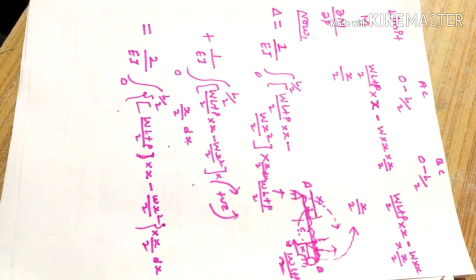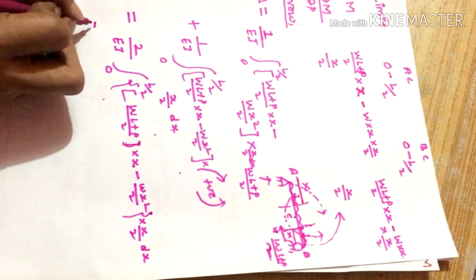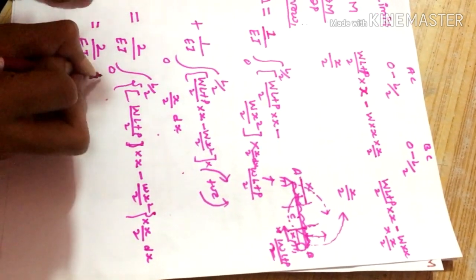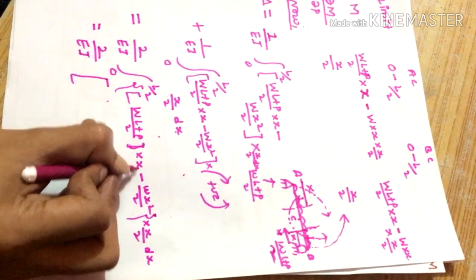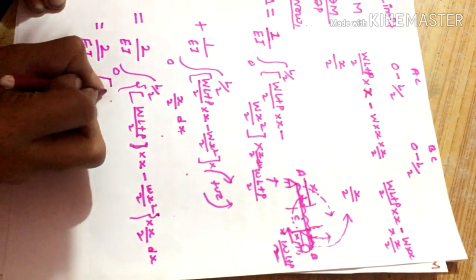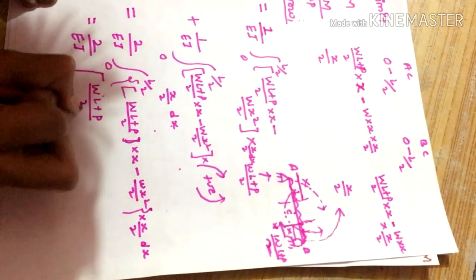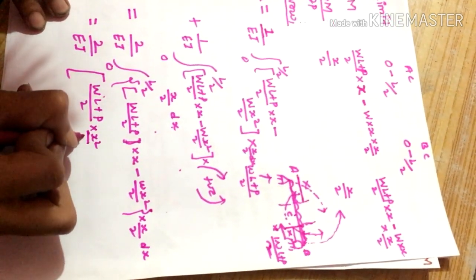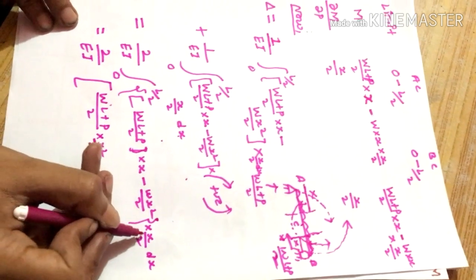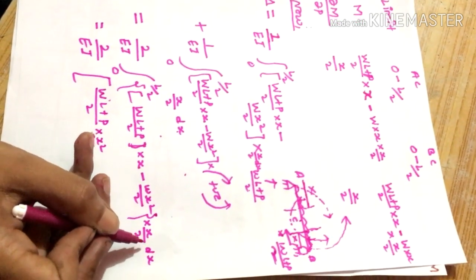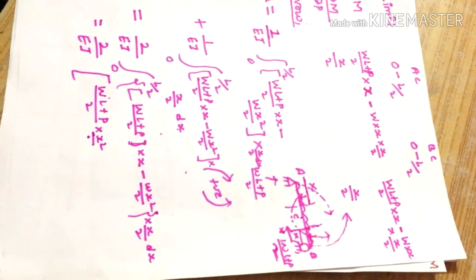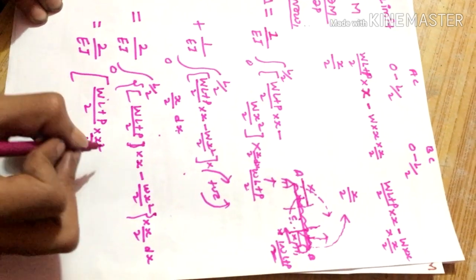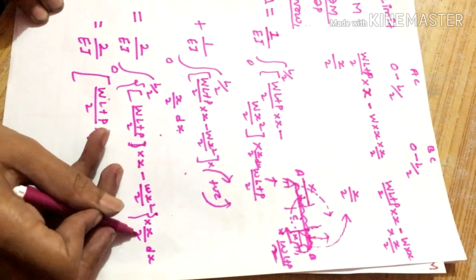Now let us integrate this. On integrating, we get 2 by EI. On integrating X with respect to dx, we get (WL plus P) by 2 into X squared by 2, into the integral of this other portion with respect to dx. X by 2 is multiplied, so X and X become X squared, that is X squared by 2.